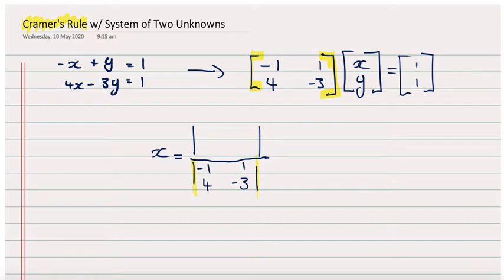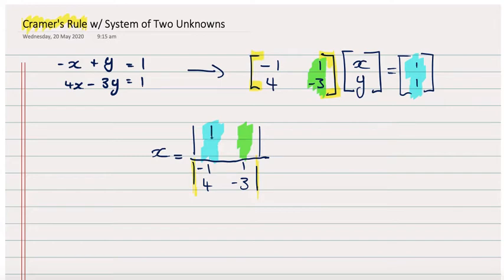And then up top we're going to do something a little bit different. To get the value of x, we're going to first start with our coefficients of y and put them in here. And then we're going to get our constants and build a new matrix up top with the constants located here. When we evaluate this expression, it'll come out with the value of x.